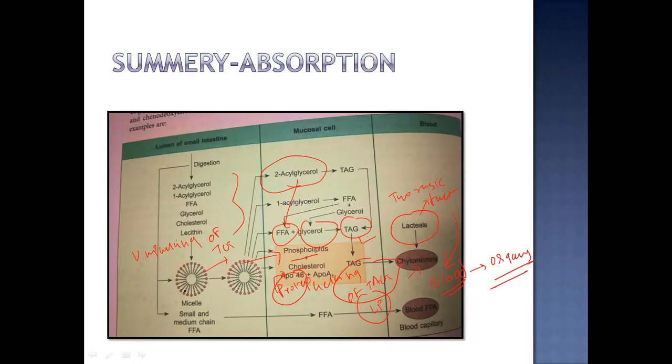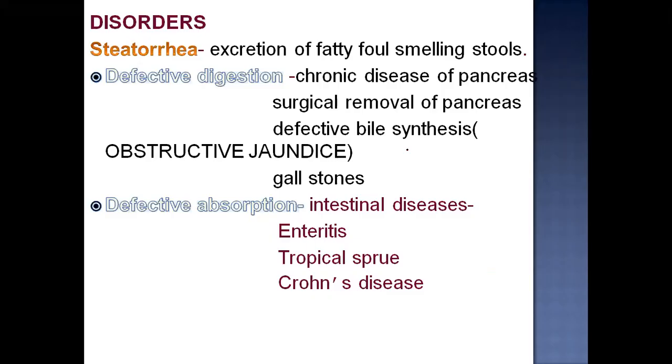So that is about the long chain fatty acids. Short and medium chain fatty acids can directly come into the circulation. In the absorption part you have to remember there is a packing of triacylglycerol once again which was unpacked.